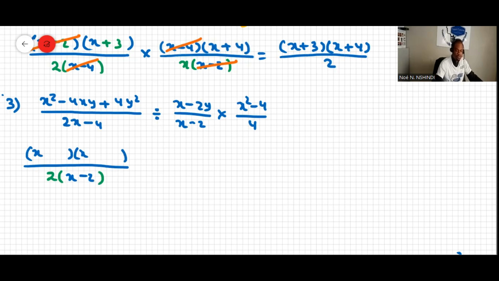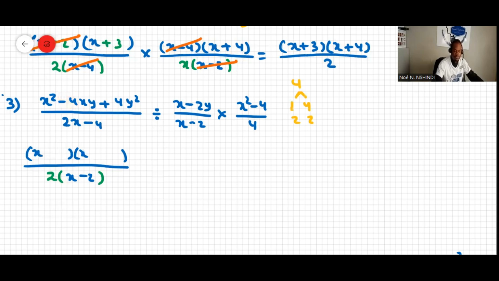Now for the trinomial, I look at the constant. The last term here is 4y squared, but I'm just going to take 4. I write 4 over here, and then list the factors of 4. It's 1 and 4, 2 and 2, because 1 times 4 makes 4 and 2 times 2 makes 4. Now, I ask myself which pair will make a sum equal to the coefficient of the middle term, -4.